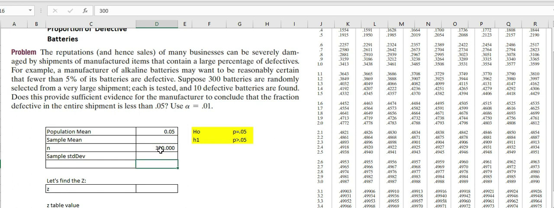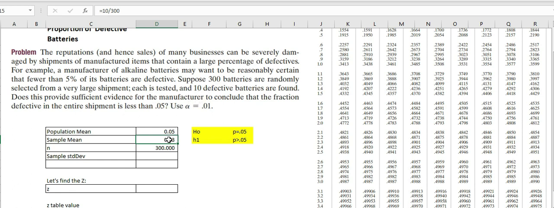It says there the total of defectives, but it is not written here in the problem.